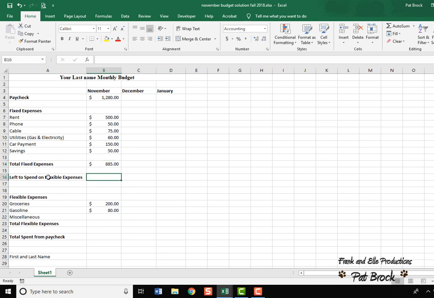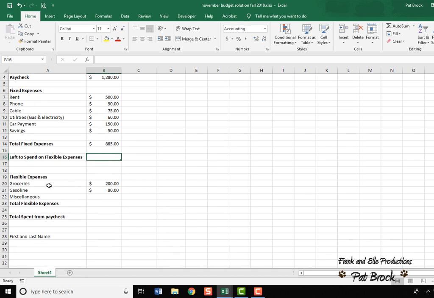The next question is asking how much is left to spend on flexible expenses. Flexible expenses are those expenses that you have, but you have to pay your fixed expenses first. What's left over you have for flexibles. Examples of those would be groceries, gasoline, miscellaneous, that type of thing.